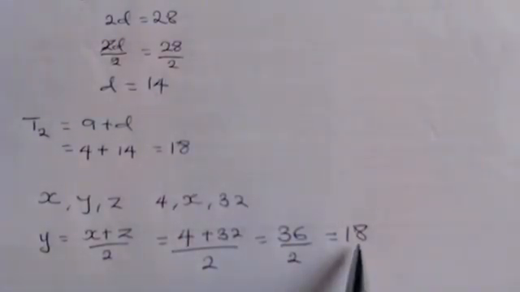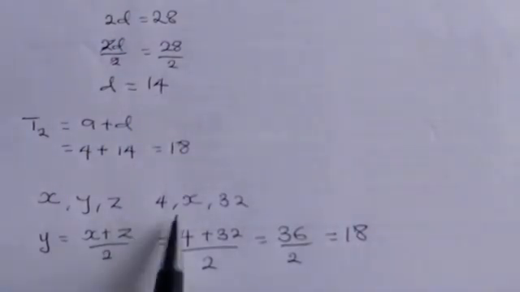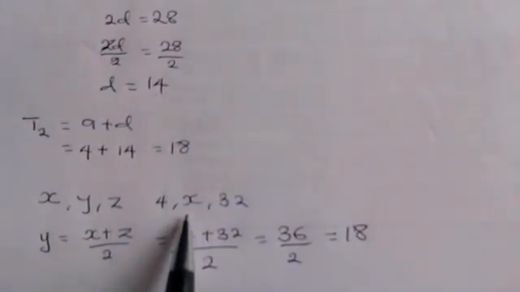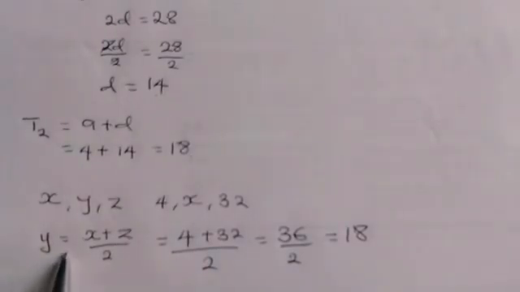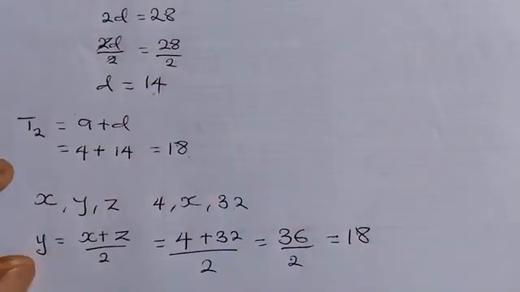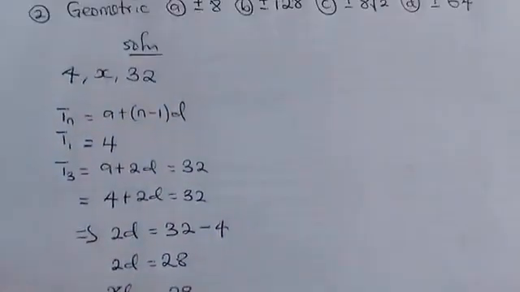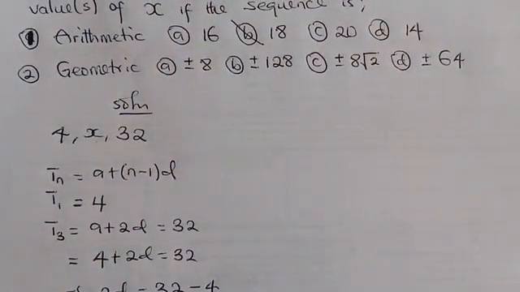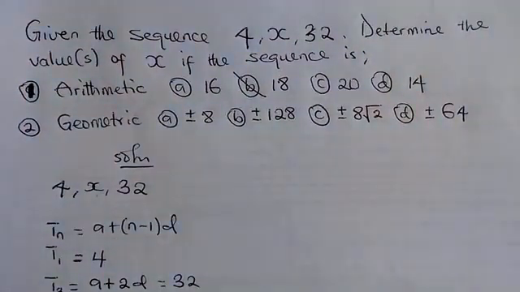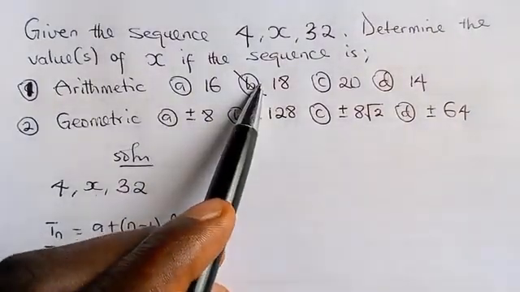So 18 is the value of x in this particular sequence if it's an AP. So you can see that whether we use this method or arithmetic mean, we arrive at 18, implying that option B is the correct answer for the first one. If the sequence is arithmetic, the value of x in that question is 18.